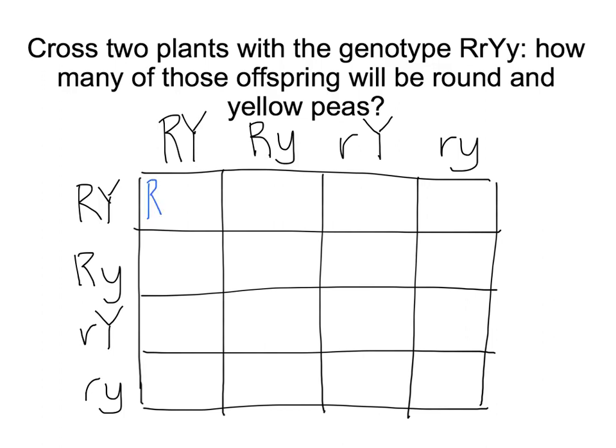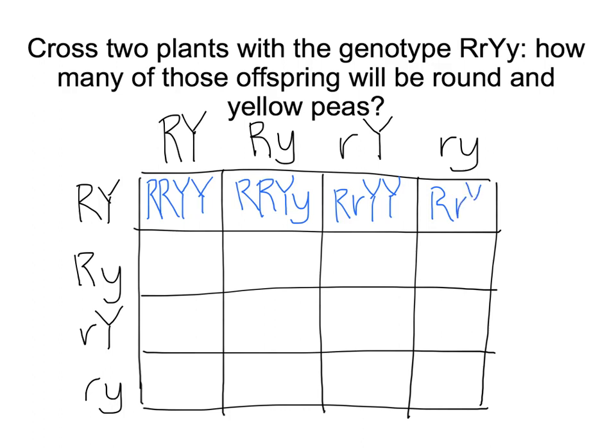So a recommendation that I have to keep your boxes organized is to always keep the same letter first, whatever that is. In my situation, I'm going to keep the R's first, and then I'm always going to put the capital letters first. So we know if there's a dominant allele that that's going to be expressed, and it's really easy to see. So this is where you kind of just sit back and enjoy this mind-numbing fun of drawing in your Punnett squares.